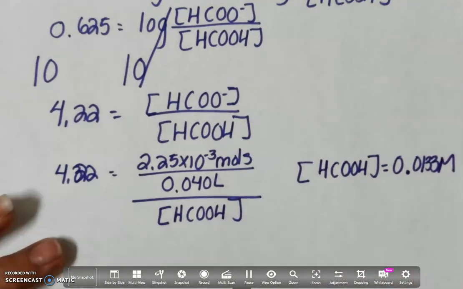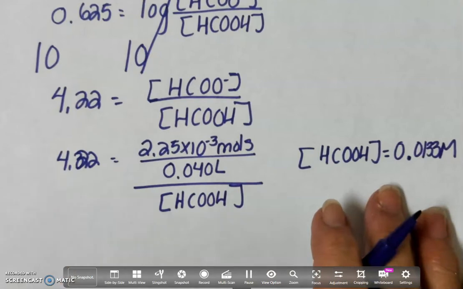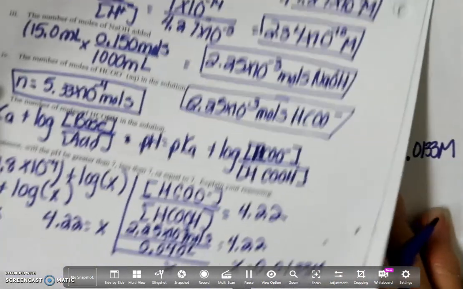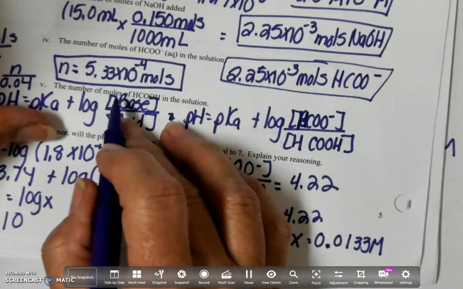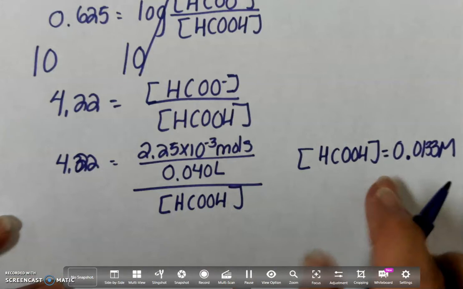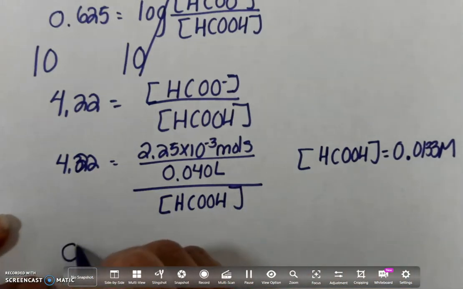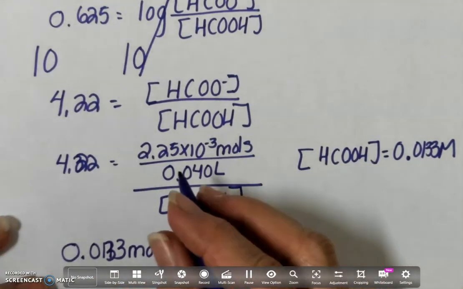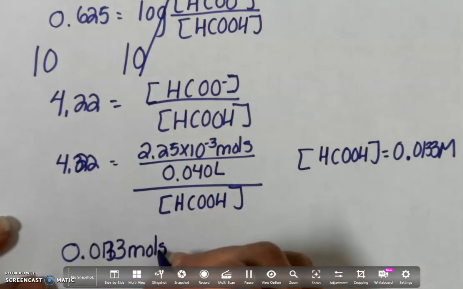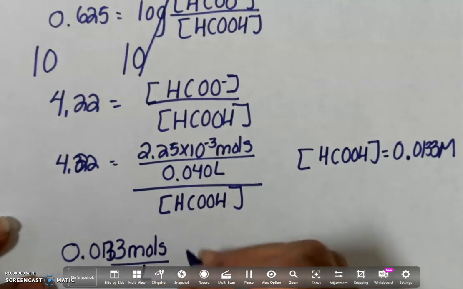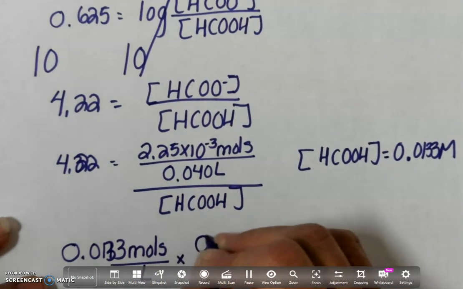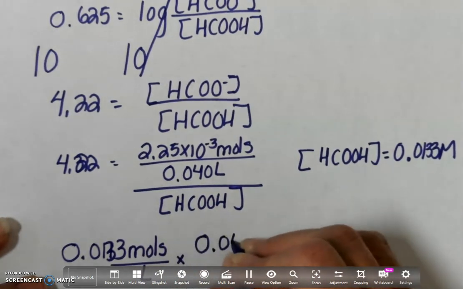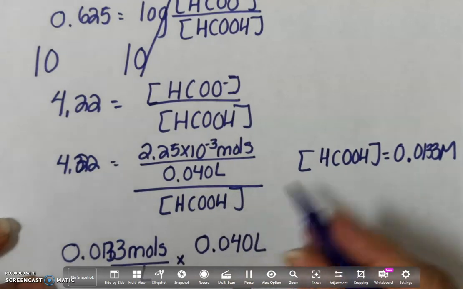When I work all that out, I get the concentration of COOH is equal to 0.0133 molar. But that's still not moles. The question is asking for the number of moles. So I take 0.0133 moles per liter, and I have 0.040 liters.